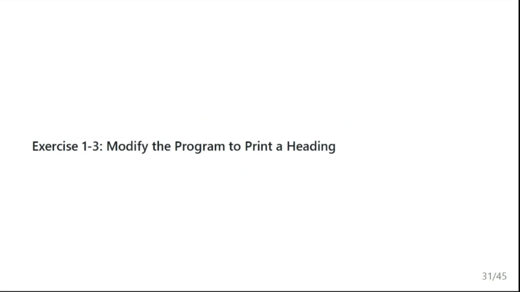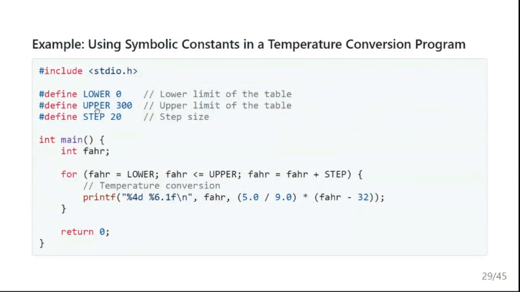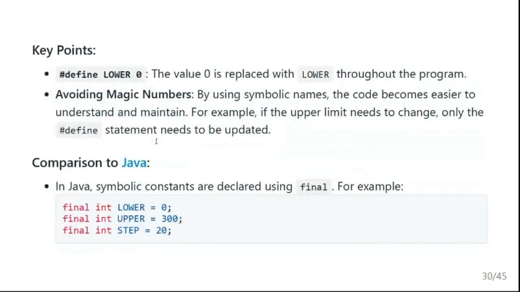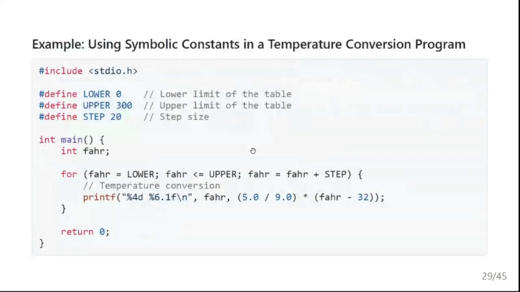All right, so now let's do another exercise. We want to modify this program again. This one or the previous one, either one is okay, to add a header. Heading means that when you talk about a table, you have to tell what the first column is, what the second column is. Just add those two things on top of it.